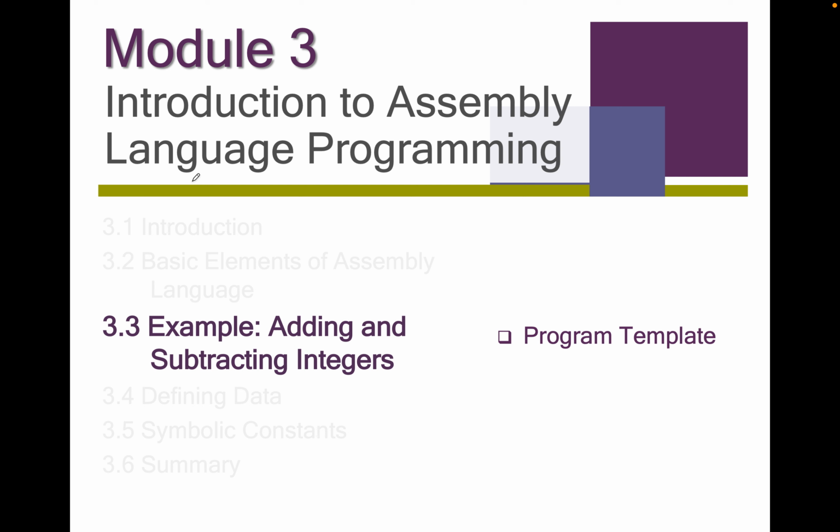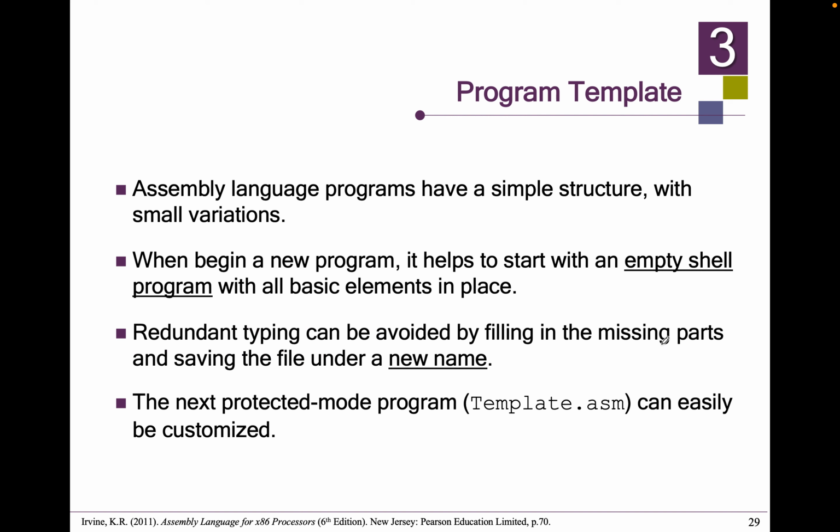And here is the part I think last time we didn't cover. I forgot already, but it is basically from your lab. Last time we did some on our program template. So after you have gone through your module 3, please do your lab 1, okay?